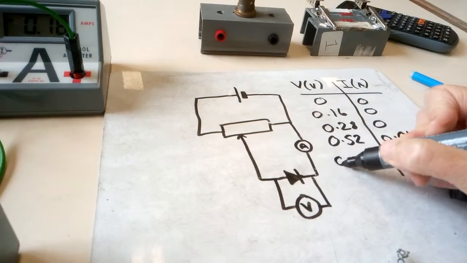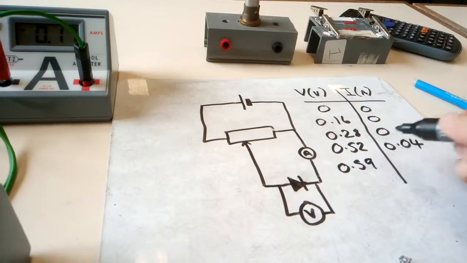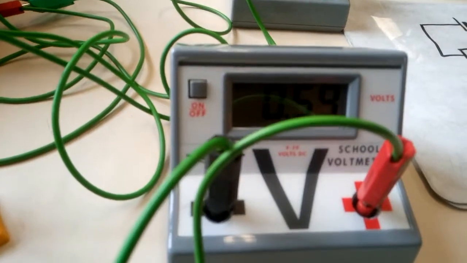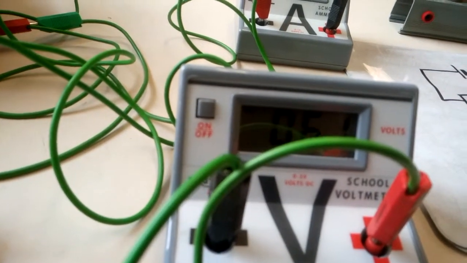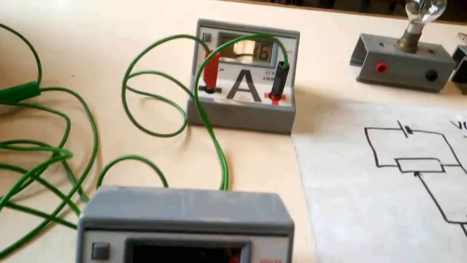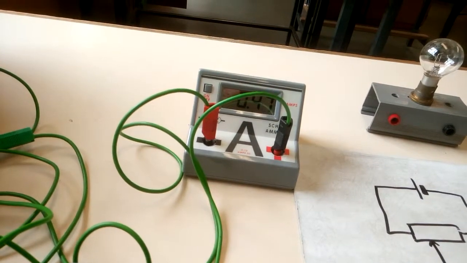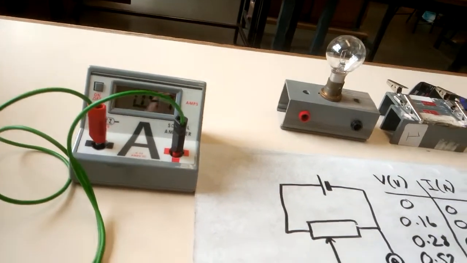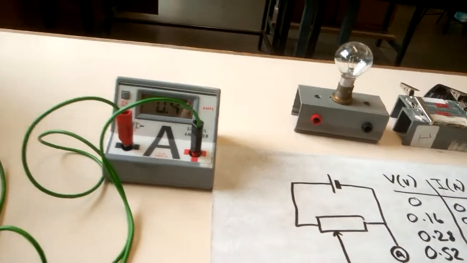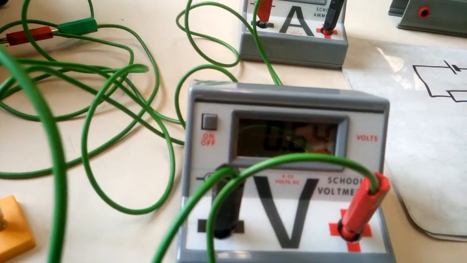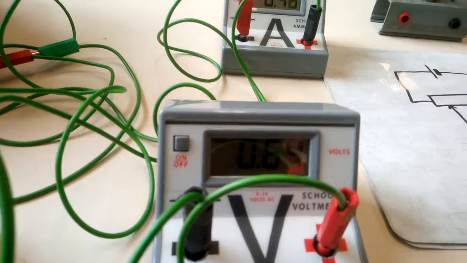So 0.59, 0.16. Increasing the potential difference a bit more, we've got 0.64 volts and 0.48 amps. I'll see whether I can increase it any more. It looks like 0.64 is the highest number I can get.